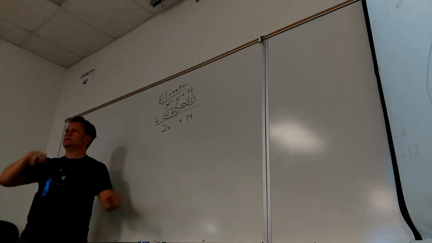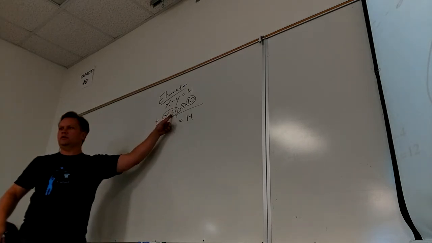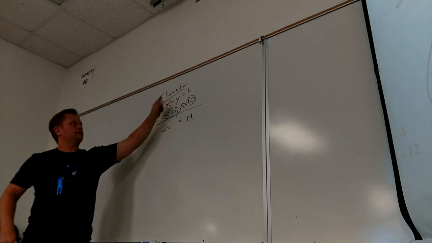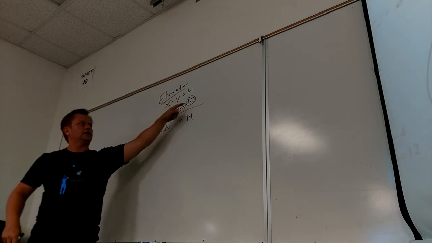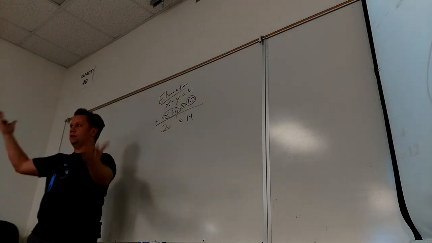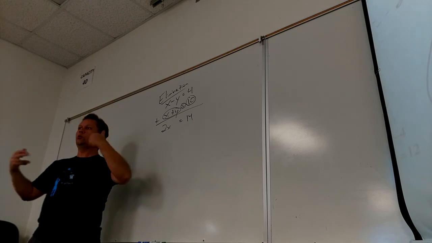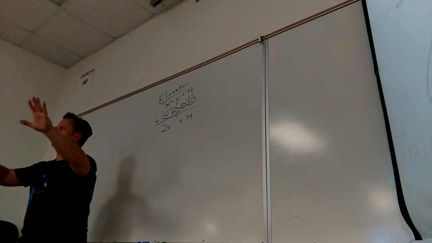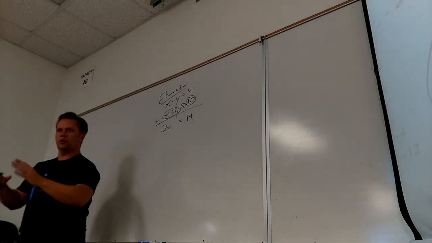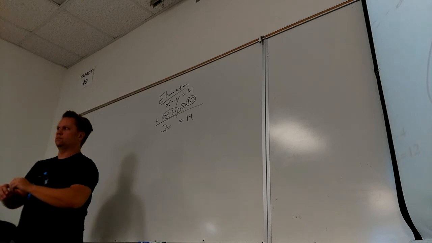That's what that equation says. So if I add x plus y to this side of the equation, and I add 10 to that side, I am adding the same thing to both sides. So you are allowed to just add two equations together. If they're both true, the result is still true.